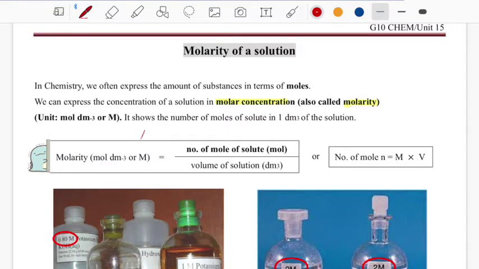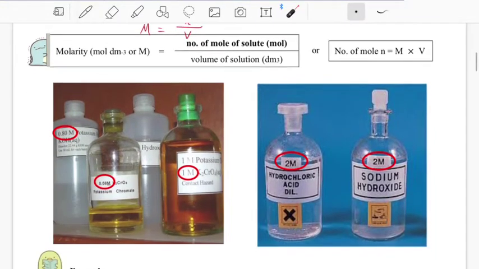So it would be M equals number of mole, we use lowercase n, over the volume of the solution, V. Sometimes we can also modify this so that we get this formula: the number of mole equals the molarity multiplied by the volume of the solution.